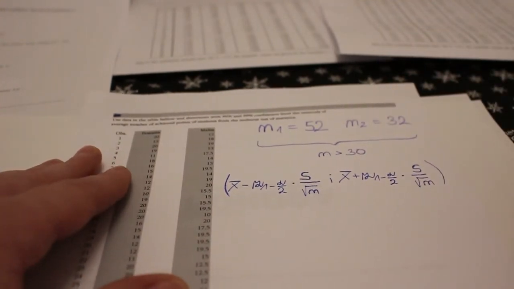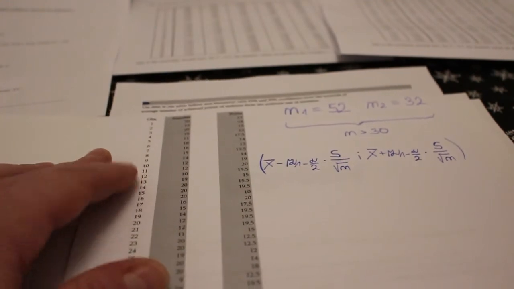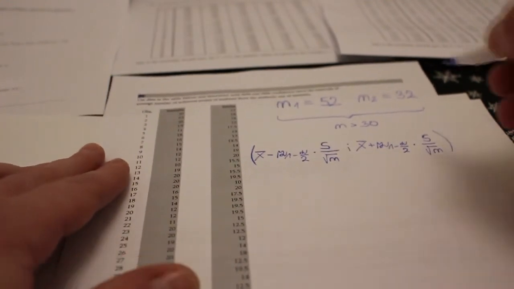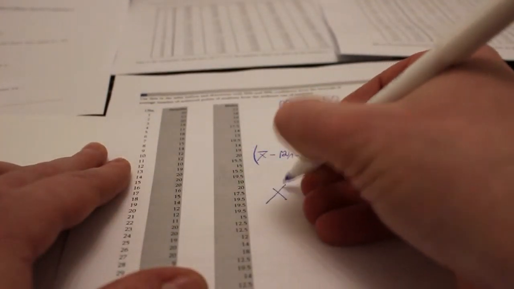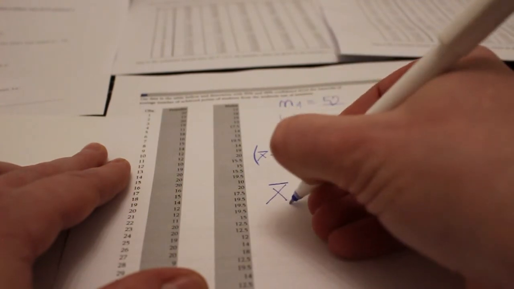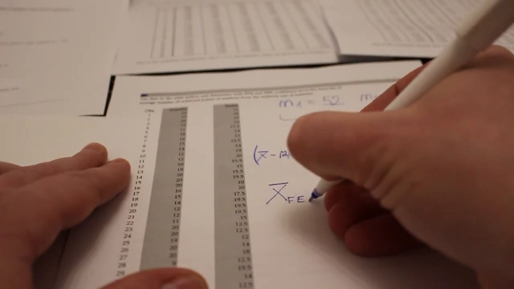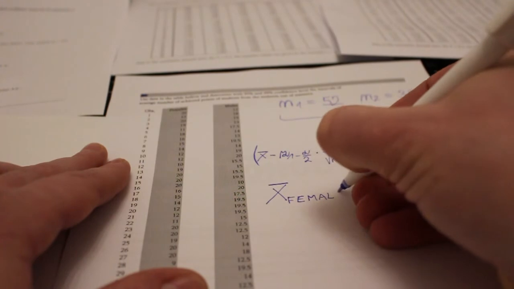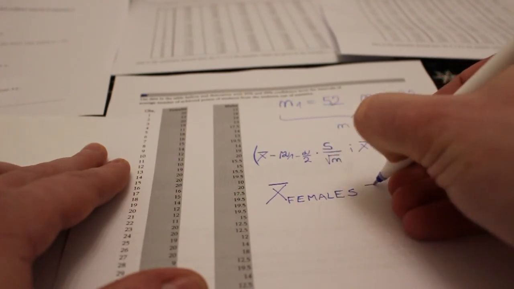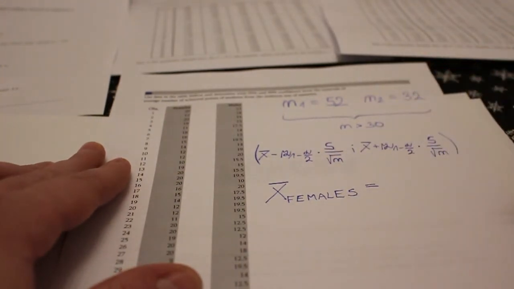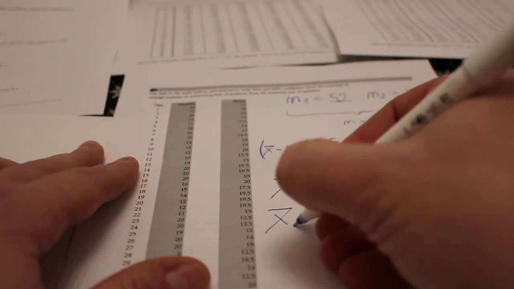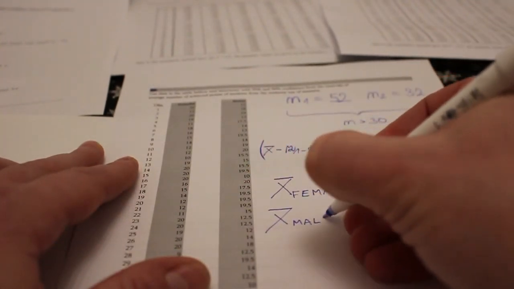So what else is necessary? It's necessary to calculate x with stripe for females, and x with stripe for males.